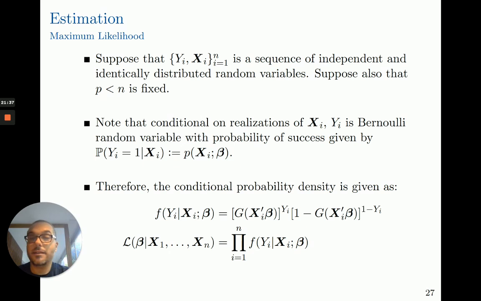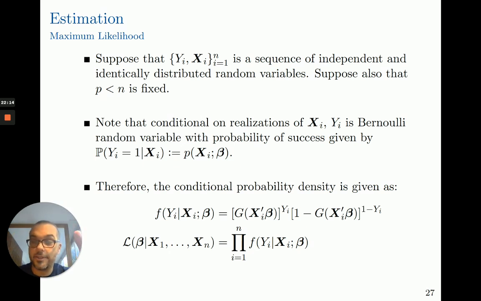So we can write the instantaneous likelihood of this Bernoulli random variable, which should be this function g to the power of y, times 1 minus g to the power of 1 minus y. This is the instantaneous likelihood. And the likelihood function, because the data is IID, is just the product of these instantaneous likelihoods, the individual probabilities.